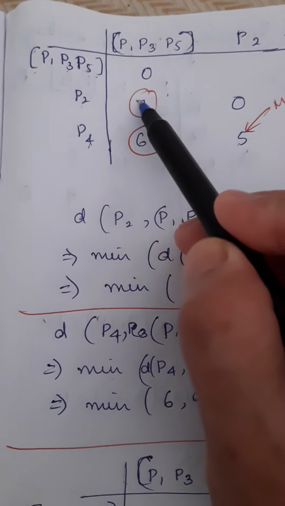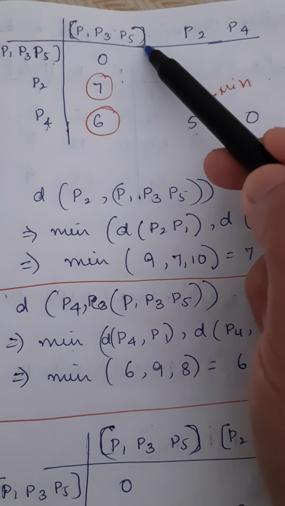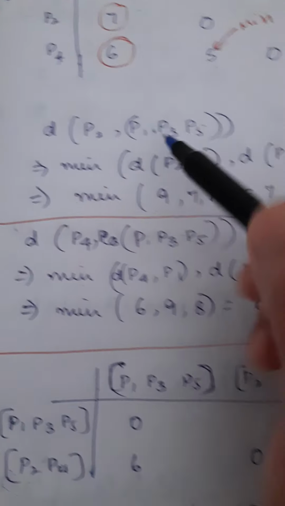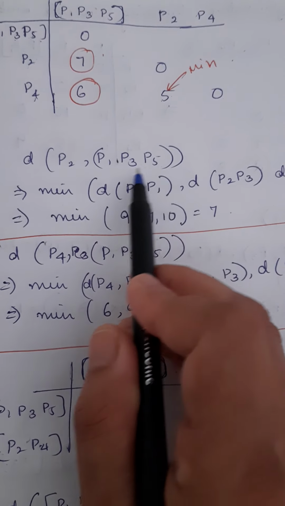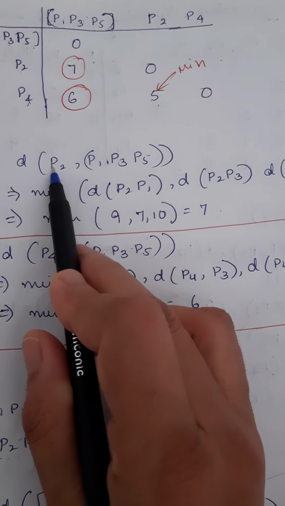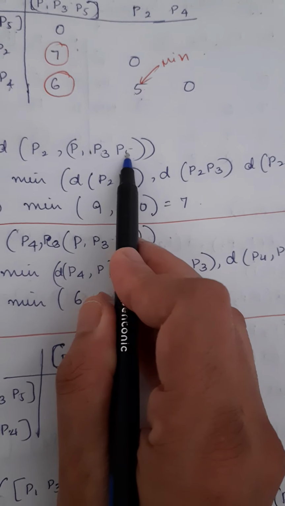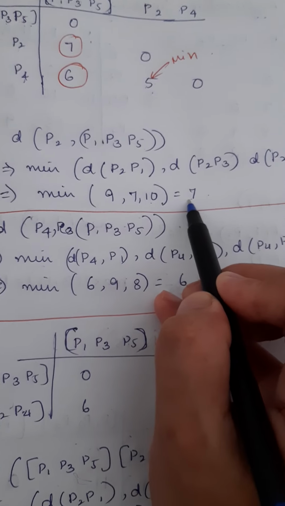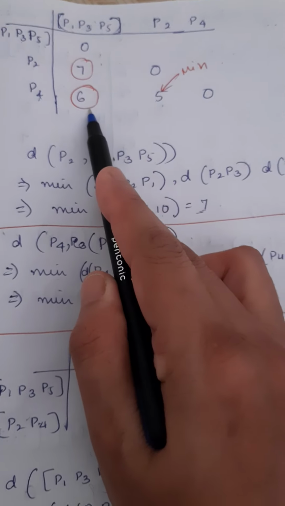You have to compute the distance between P1, P3, P5 and P2 first. So I have computed the distance between P2 and P1, P3, P5. How do I compute? Minimum of the distances between P2, P1, P2, P3, P2, P5. So 3 splits. We get 9, 7, 10. The minimum is 7. So you get the value of 7. Same thing for this also.